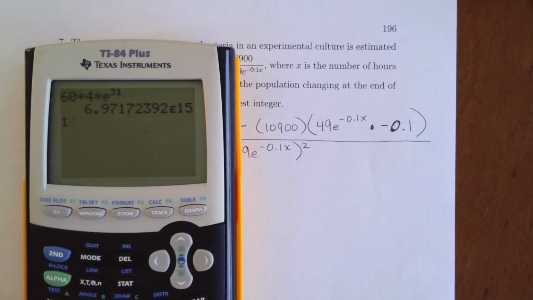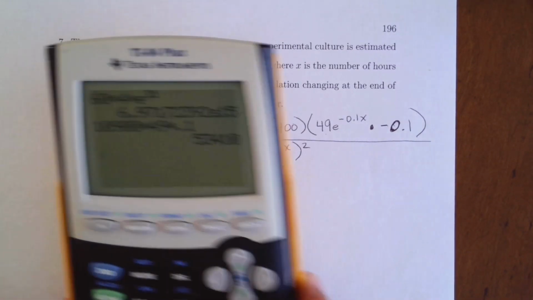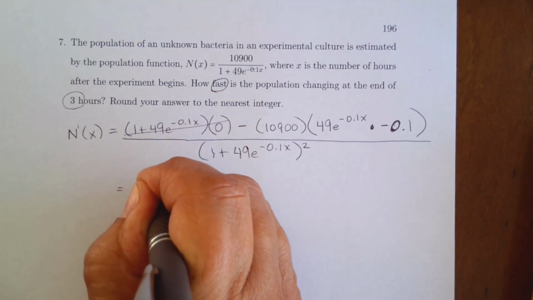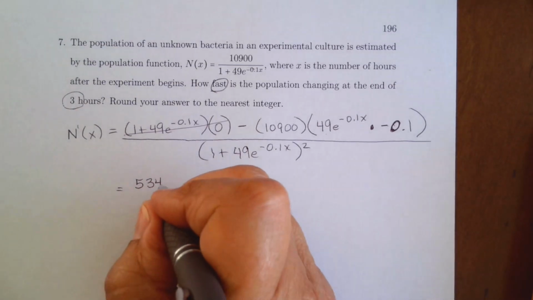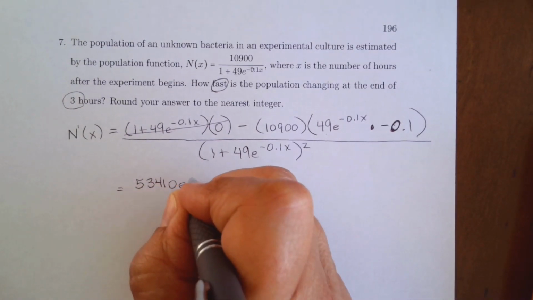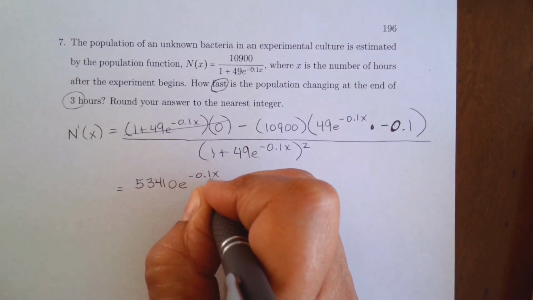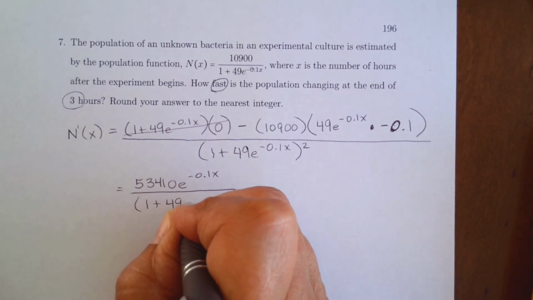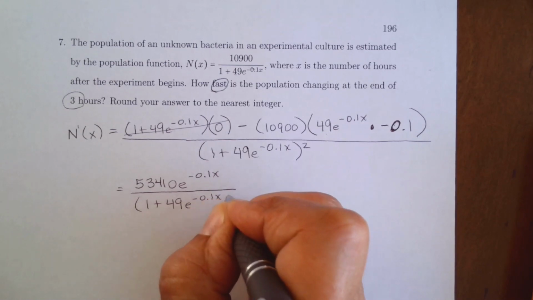So I got 10,900 times 49 times 0.1. So that gives me 53,410. So that's my numerator. And don't forget the e to the negative 0.1x. So there's your numerator, and then your bottom is going to stay the same.